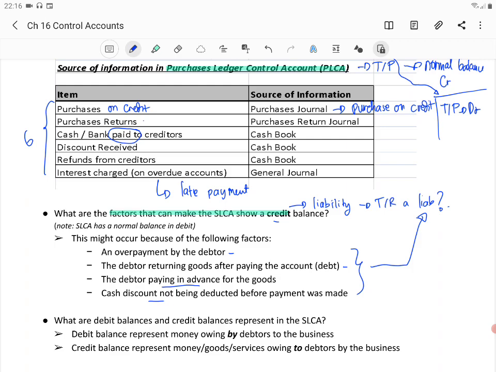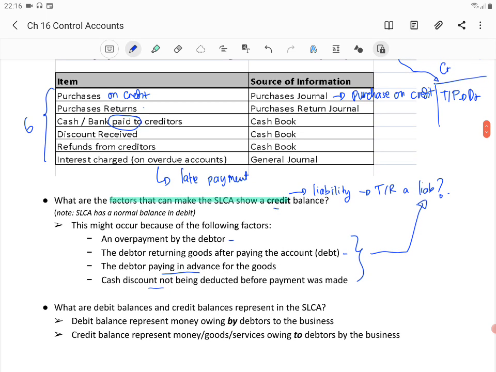Okay, next, what do debit balances and credit balances represent in the SLCA? It's easy. If a debit balance appears, it represents money owing by debtors to the business. That is the normal situation where the TR is owing money to the business.